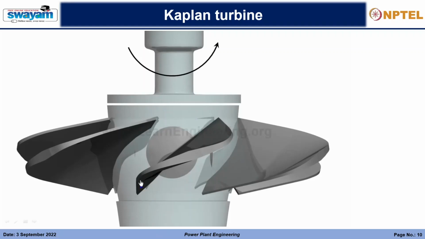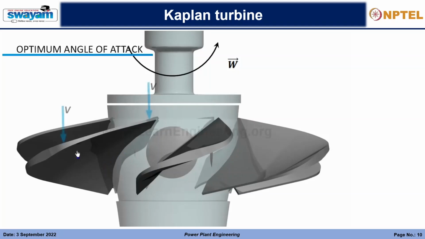A rotating blade experiences a relative velocity of flow. The fundamental thing in blade design is that the relative velocity of fluid flow should be at an optimum angle of attack at all cross sections. Even though the absolute velocity is axial, the relative velocity will be inclined depending upon the blade velocity.